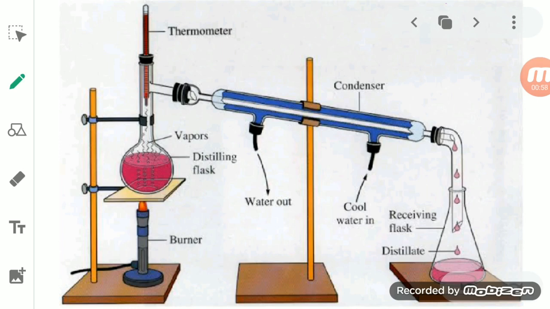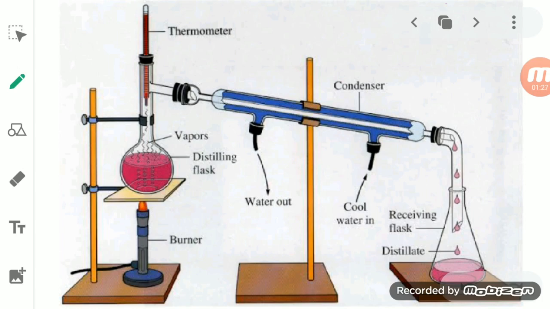As it moves upward, it cools down due to the low temperature. At first the liquid forms vapor, and then cooling the vapor occurs, due to which we get back the liquid again. Okay, so this is the benefit of using the distillation process as compared to evaporation.